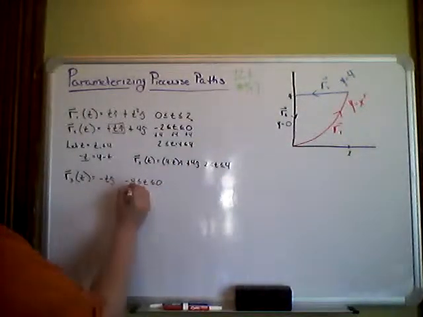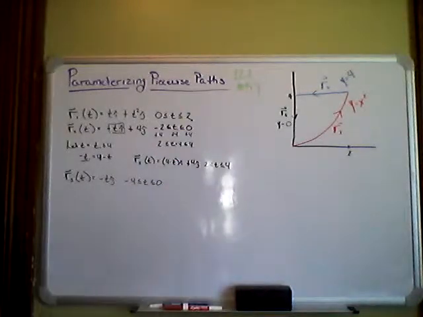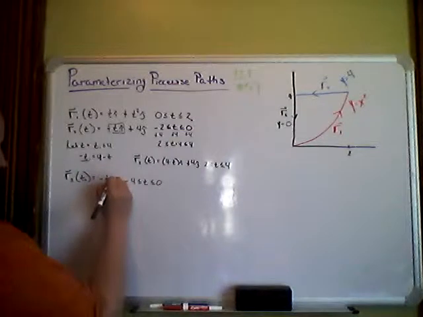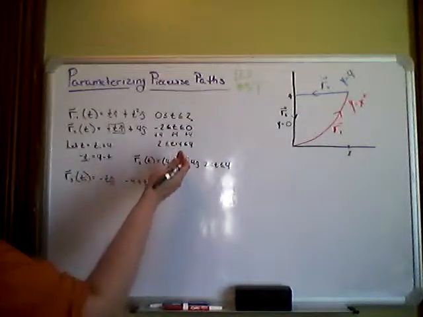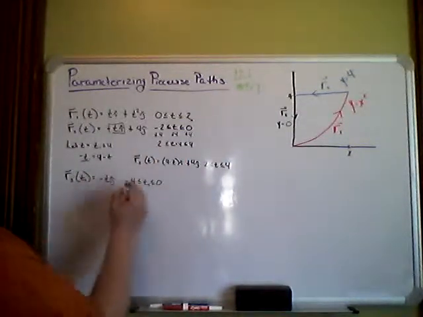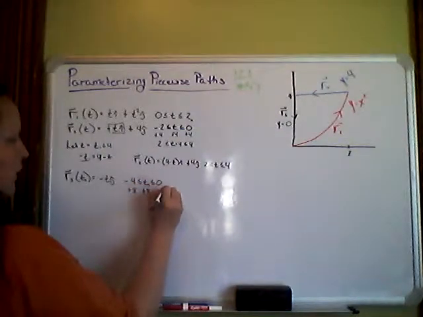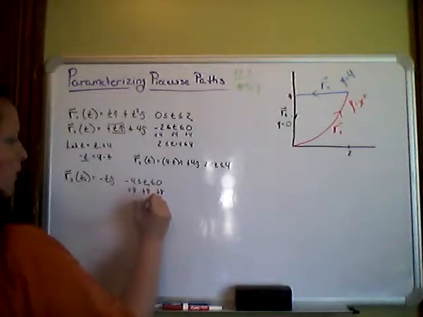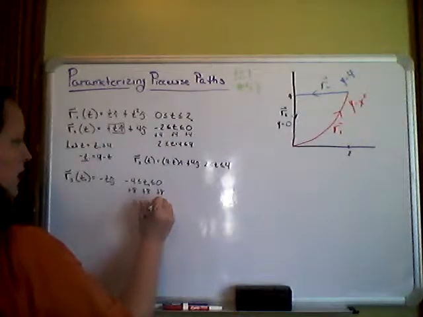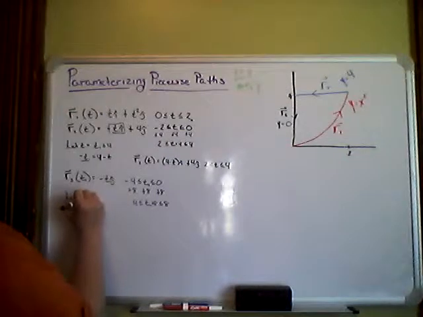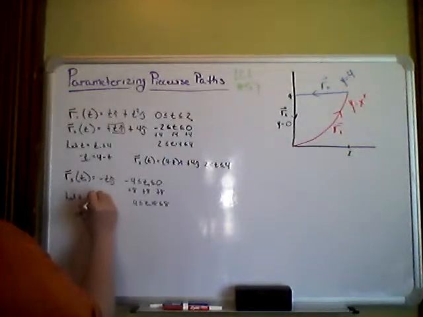But again, this negative 4 doesn't line up with this 4, which is what we want it to do. So we're going to put a little subscript 2 on these t's. We're going to do a really similar process. So we know we need to get to 4, so we're going to have to add 8 to everything here, so that we get from 4 to t2 plus 8 all the way to 8. And we're going to let t equal t2 plus 8.